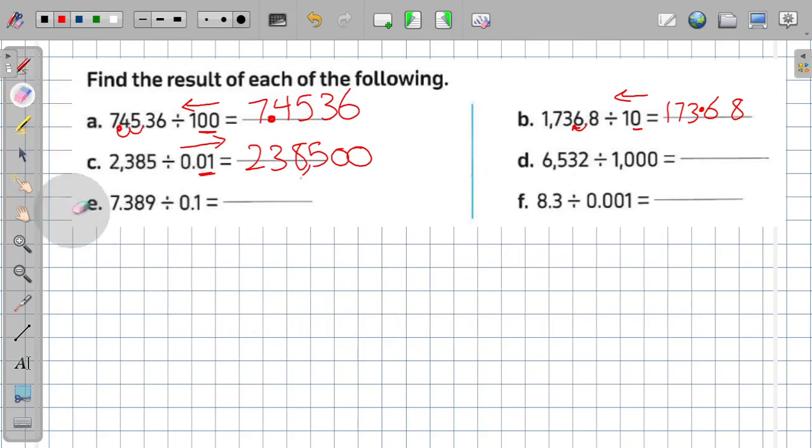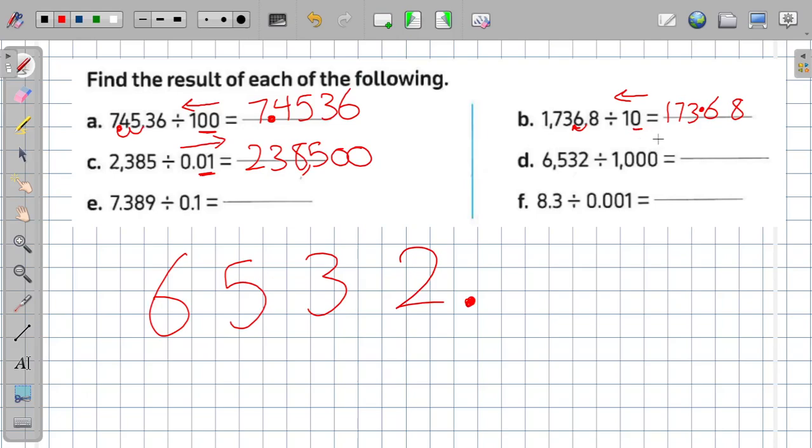Next, I have 6,538 divided by 1,000. Okay, so I have 6, I have 5, I have 3, I have 2, and I don't have the decimal point. Where is the decimal point? The decimal point is right here after the ones digit, after 2. Okay, so I divide by 1,000.